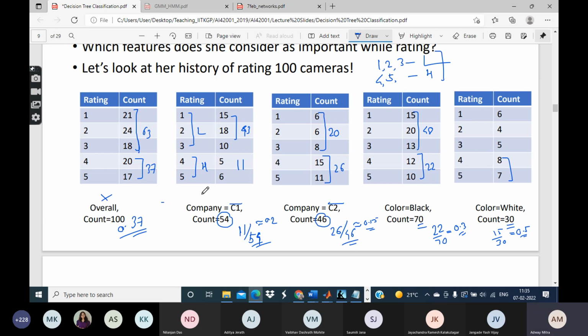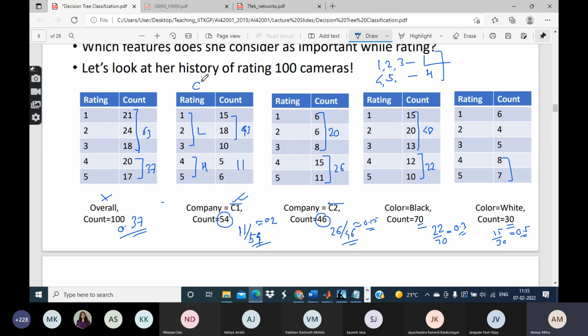for each feature we want to understand, does this feature significantly alter her rating behavior or not? How do I know whether it alters her rating behavior or not? If you consider this company feature, if this feature takes one particular value C1, we can say that this feature is basically dividing all the training examples into two groups, or two clusters, if we call it.